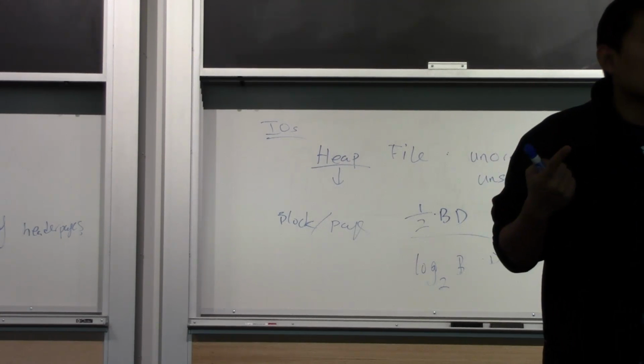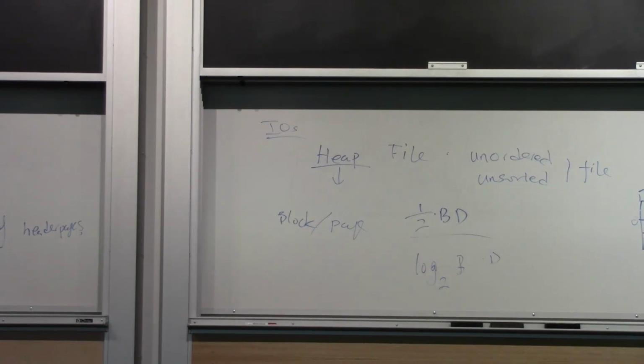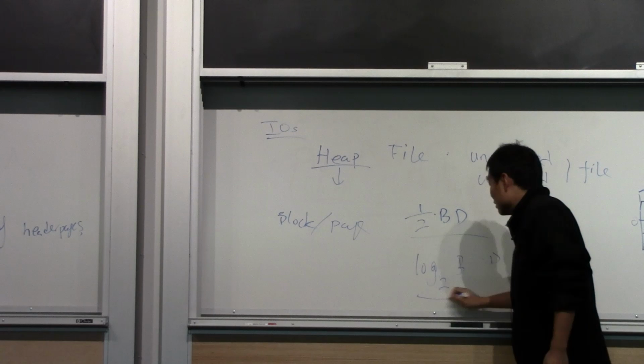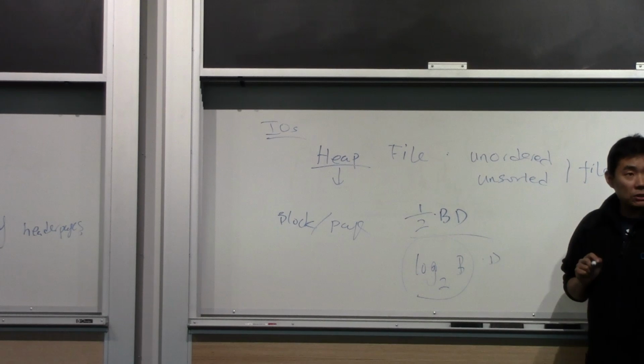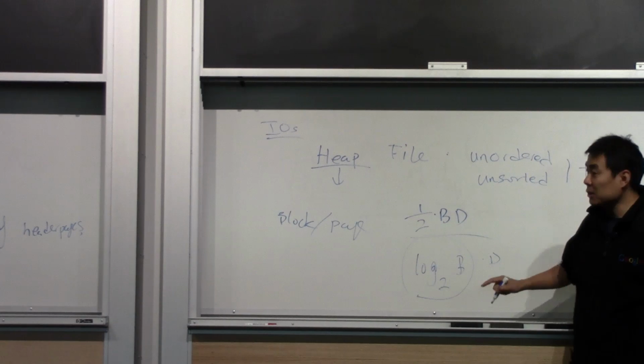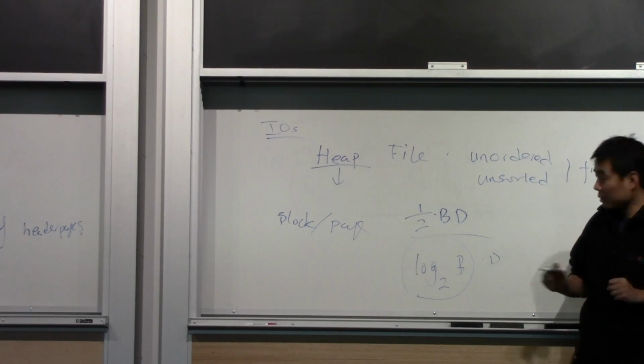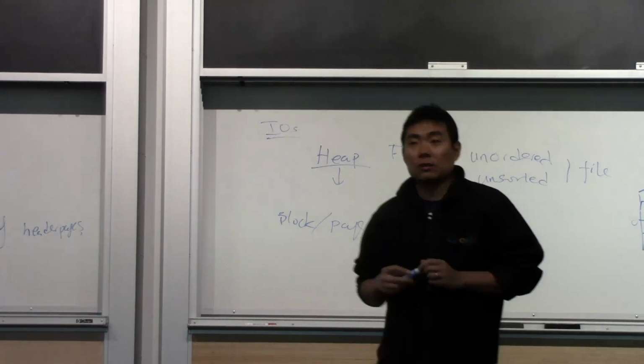Then you recurse. If it's the first half of your pages you need to look at, you look at B over 4's page. Then you recurse. In the worst case scenario, after this many lookup operations, reading this many pages, you guarantee to find your value in a particular page. So that's the cost. Does that make sense?